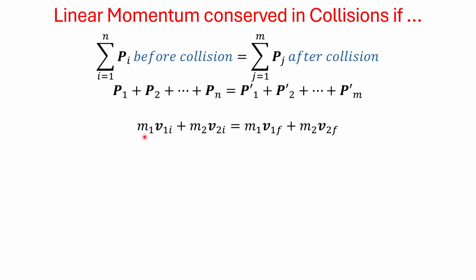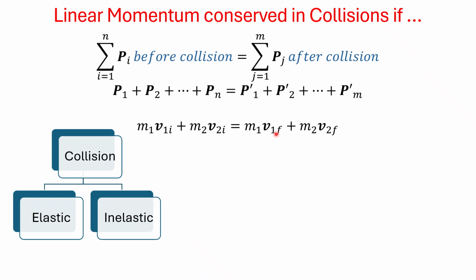So m1 v1i plus m2 v2i is equal to m1 v1f plus m2 v2f. I stands for initial, that is before collision, and F stands for final, that is after collision.